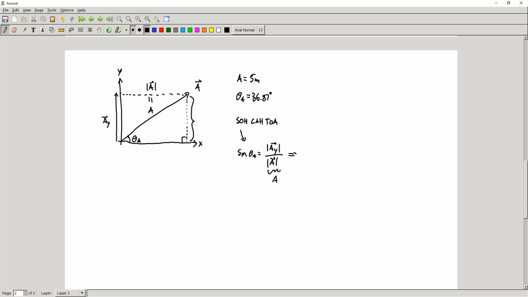So in this case, for example, we would end up with the sine of 36.87 degrees is equal to something over 5, right? And this is our A_y. And again, I'm just going to write interchangeably. If I write this, that's the same as writing that, right? We're just talking about the magnitude of that A_y vector, which is pointing in the positive y direction, right? And so we can simply rearrange this. If we move the 5 over, we're going to find that A_y has a magnitude of 3 meters.